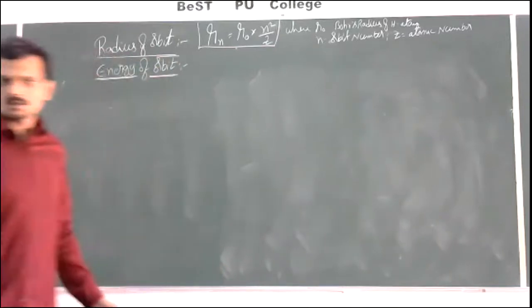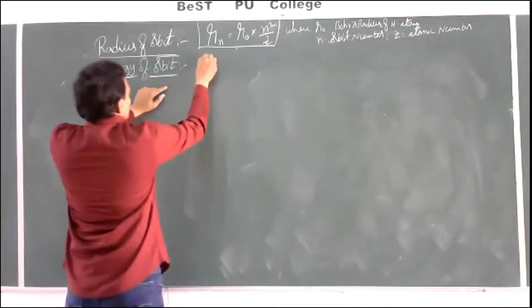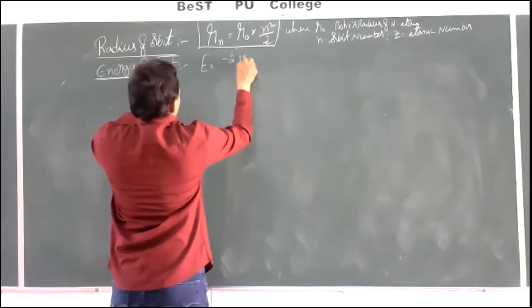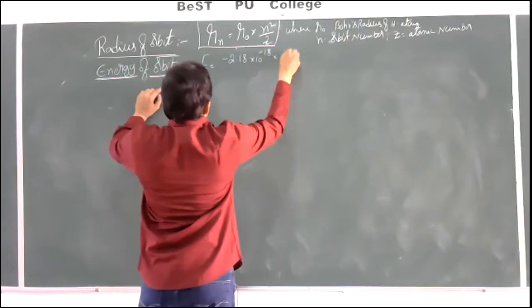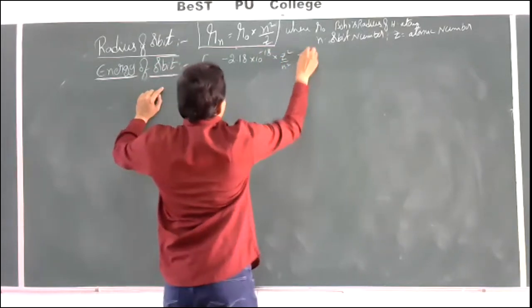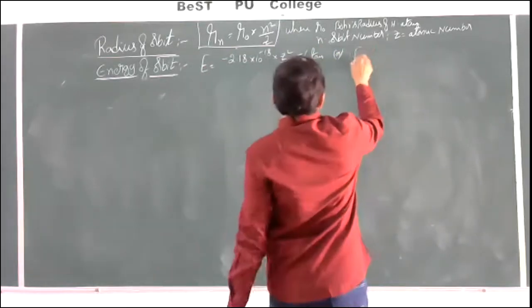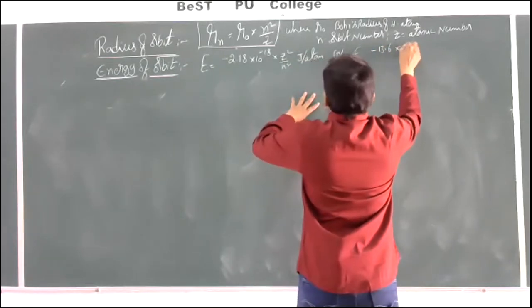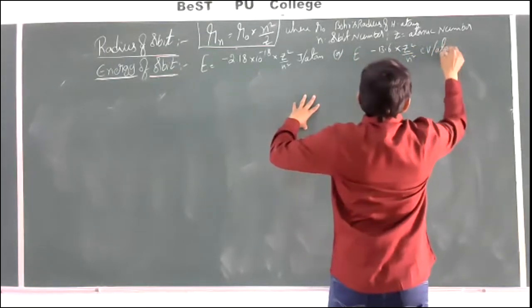Energy of the orbit E is equal to minus 2.18 into 10 to the power of minus 18 into Z square by n square joules per atom, or in terms of electron volts, E is equal to minus 13.6 into Z square by n square electron volts per atom.